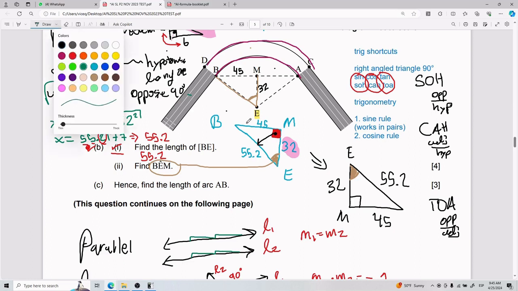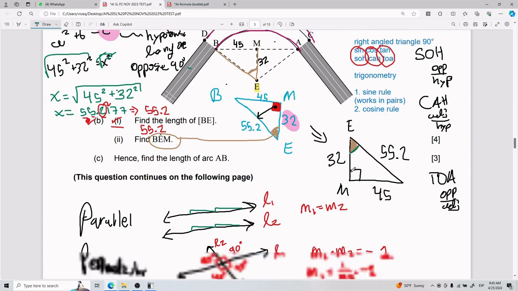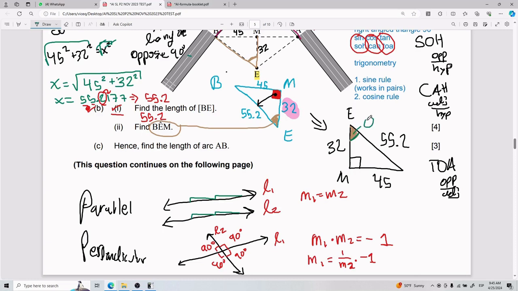So for example, for this angle here, we have to consider what we can use for this angle. Technically, if you're thinking about the perspective of this angle, one approach that you can employ is that you say, okay, we're going to call this theta, just to represent an angle.